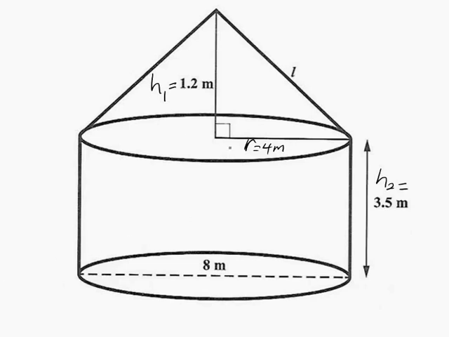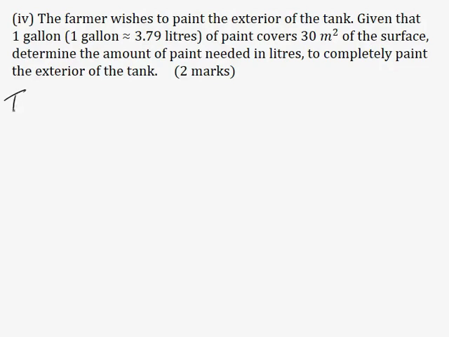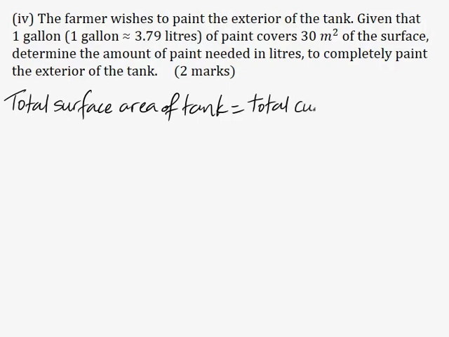This is found by adding the total curved surface area of the tank to the area of the base of the tank. So I'll write here total surface area of the tank is equal to the total curved surface area plus the area of the base.